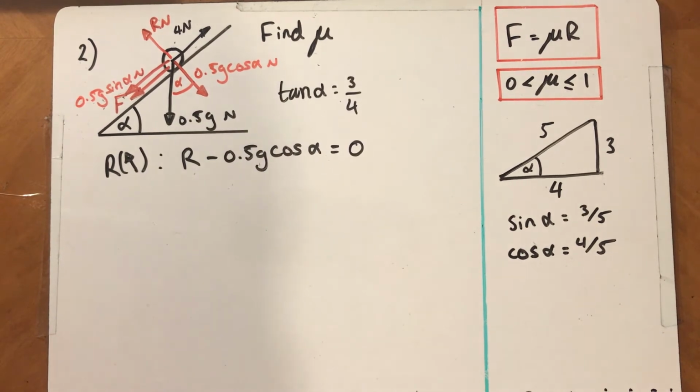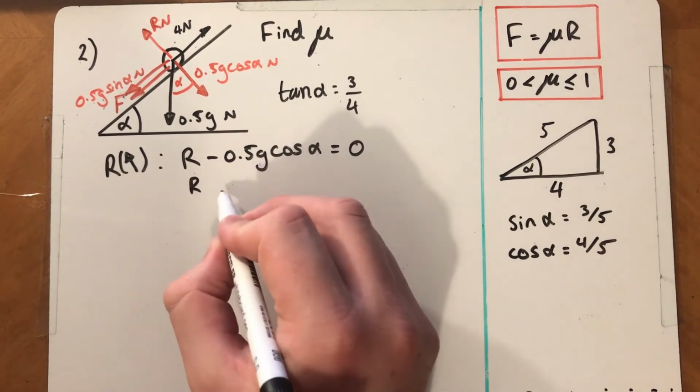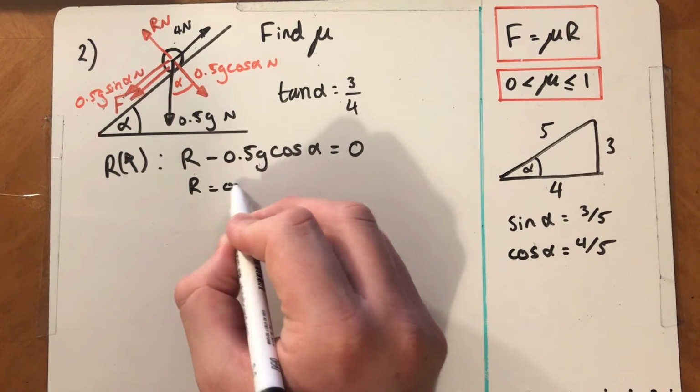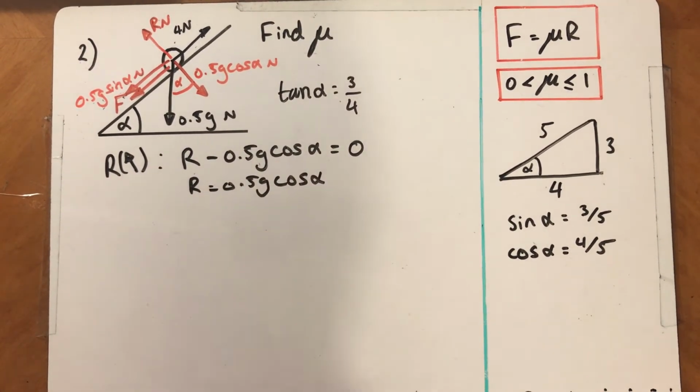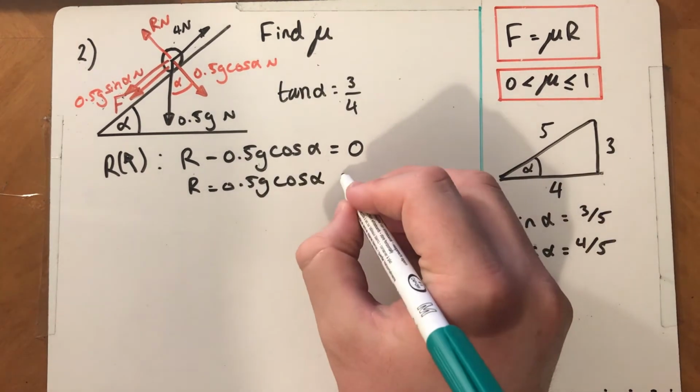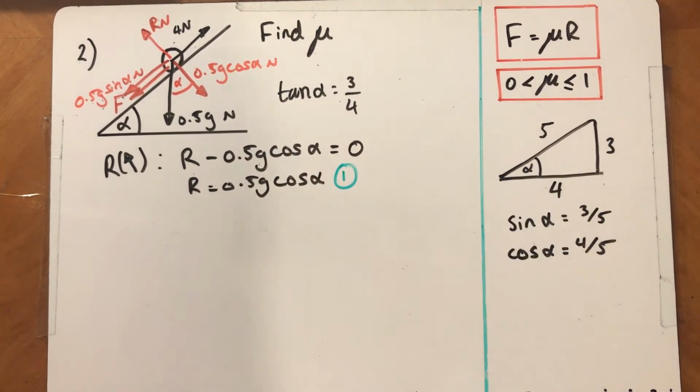So the acceleration is 0. That's why the sum of forces is equal to 0. Okay, so what I can do now is I can add 0.5 g cos alpha to both sides. I'm going to rearrange for R. So R is equal to 0.5 g cos alpha. Okay, and I'm just going to label this equation 1.